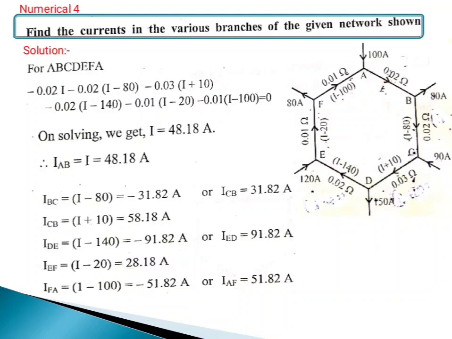On solving this, we get the total current I equal to 48.18 amps.